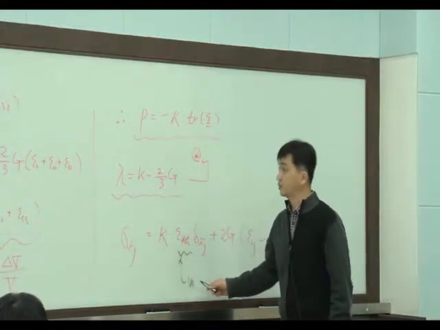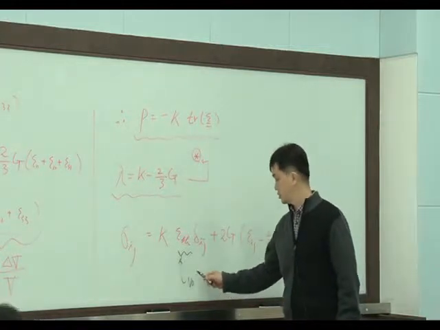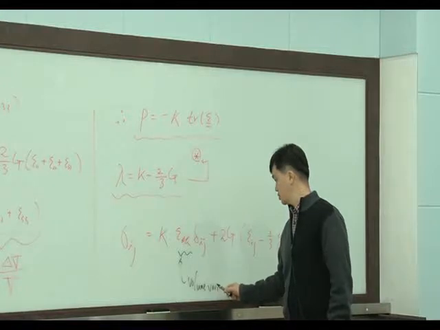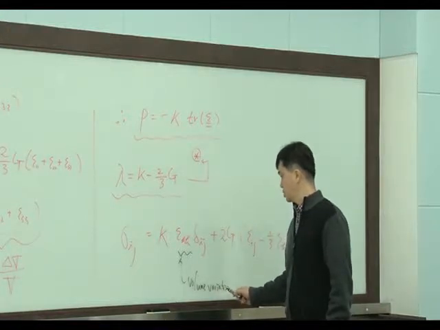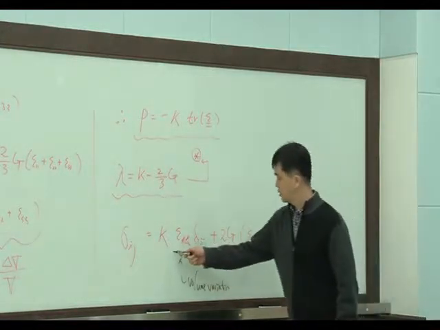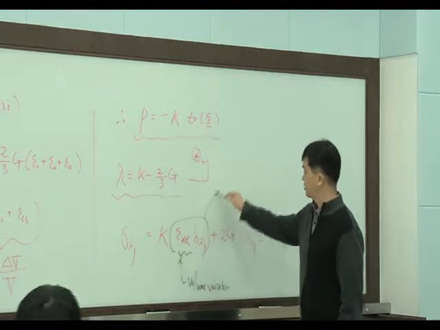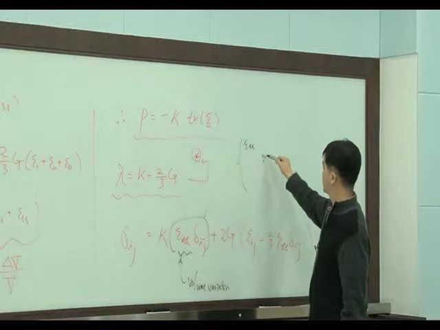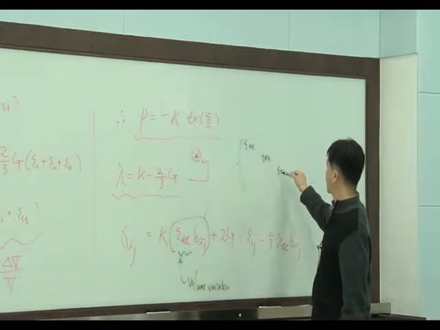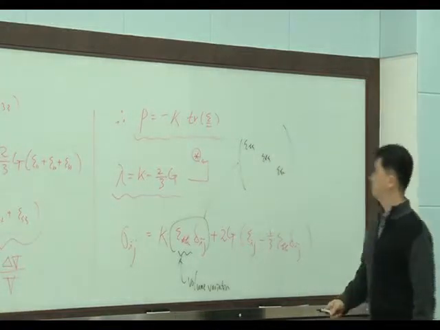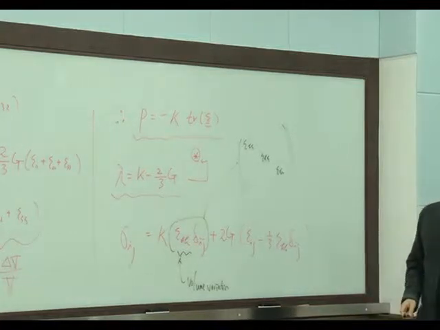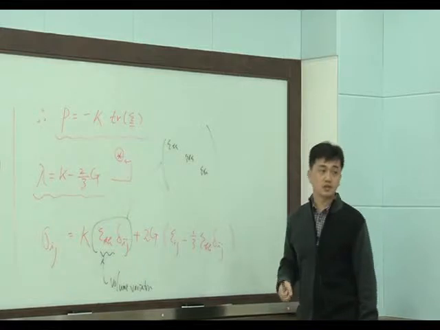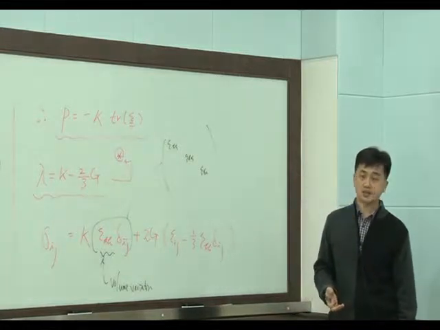So volume variation. This will give us a tensor, something like e_kk. So e_kk is a volume variation resulting from the hydrostatic pressure, right?